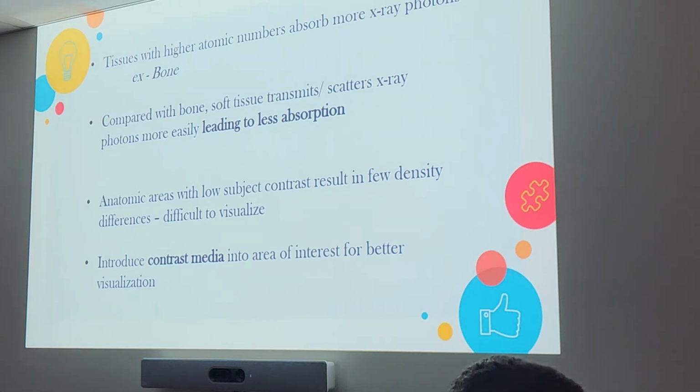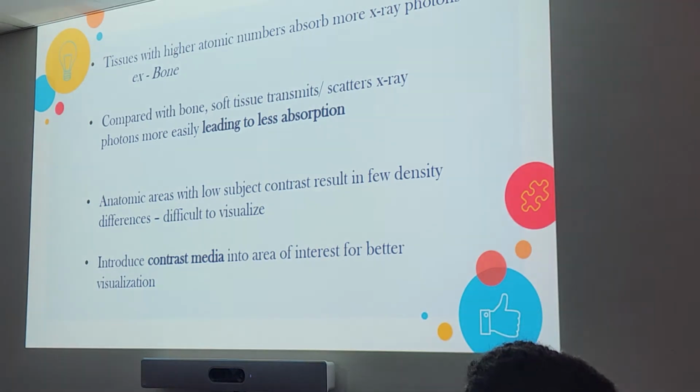So, tissues with higher atomic numbers absorb more X-ray photons. Example, bone. By the way, it's the calcium within the bones that gives it that higher atomic number, not the bone itself. So the calcium within the bones makes it appear very bright.